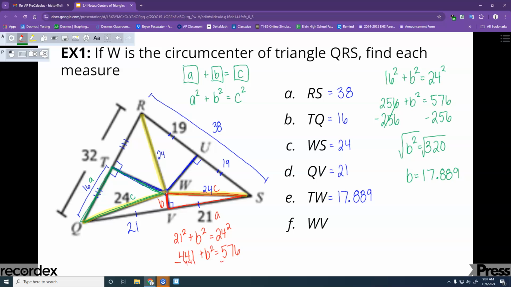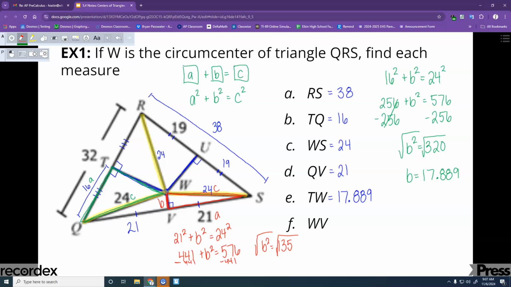Run out of room. So our b squared is going to equal 135. And what do we have to do last there? Square root.